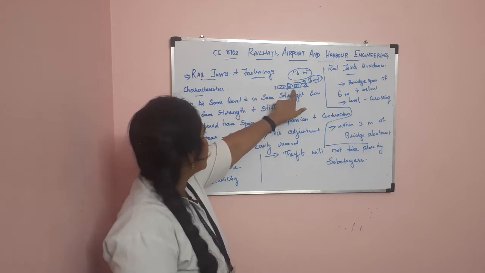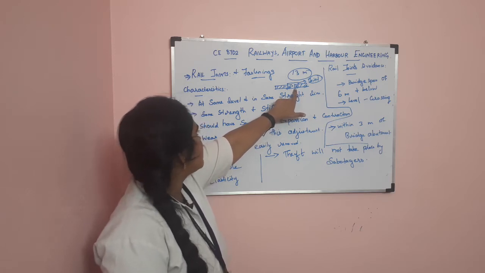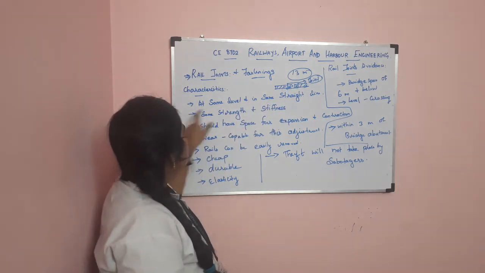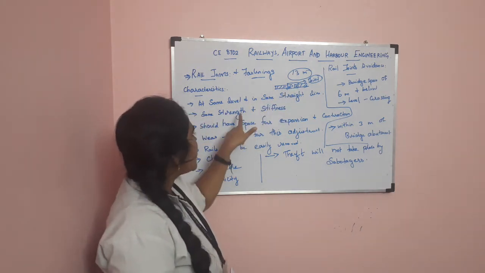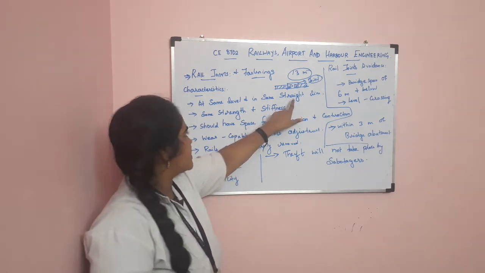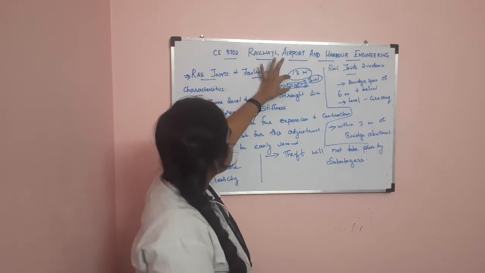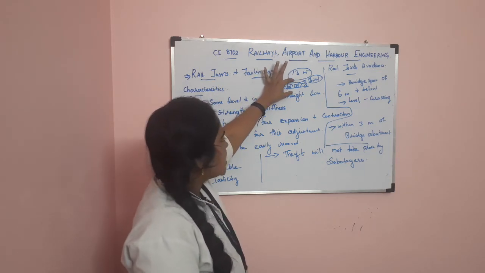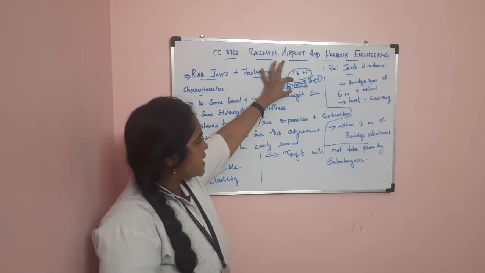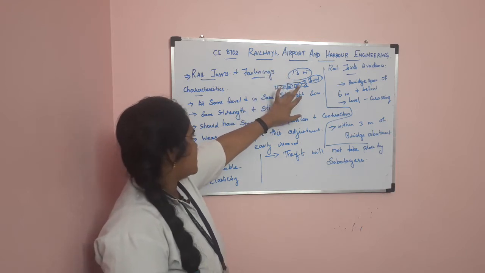Next, the joint should have the same strength and stiffness. Then the joint should have space for expansion and contraction during the change of temperature. It should contract and expand during the change of temperature, so it should have space.